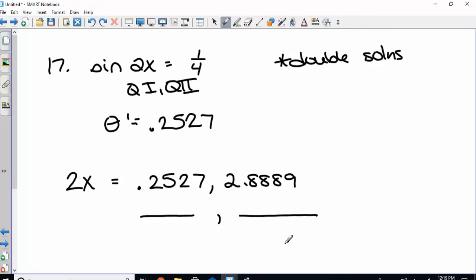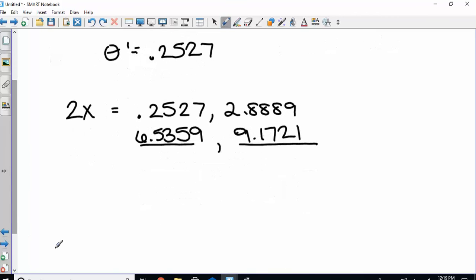And on these, do we go ahead and just add it completely to the top? Yes, since it's already a decimal, put pi in as well. So you get 6.5359 and 9.1721. Then to finish it, you have to divide each of those by 2.